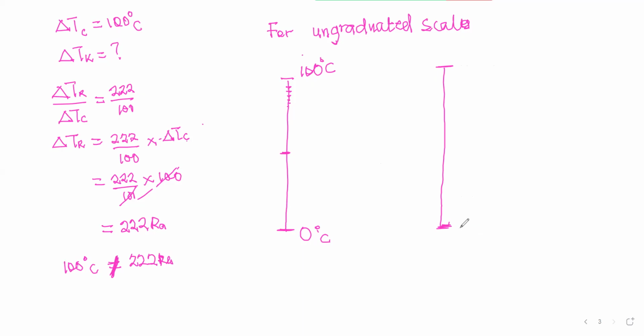So at 0 degrees Celsius, the length of mercury is X. At 100 degrees Celsius, the length of mercury is Y centimeter. The question is, what will be the corresponding temperature at an unknown length of mercury? Okay, so the rule is that at 0, x1, at 100, x2.